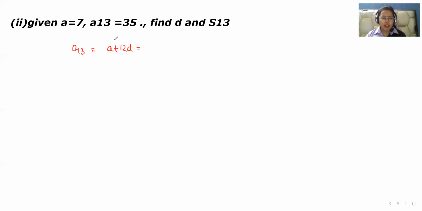So A plus 12D, notice the value of A13, is 35. What is the value of A? 7. So we can write 7 plus 12D is 35. So 12D is 35 minus 7. 35 minus 7 is 28 over 12. We eliminate, we get 7 by 3.